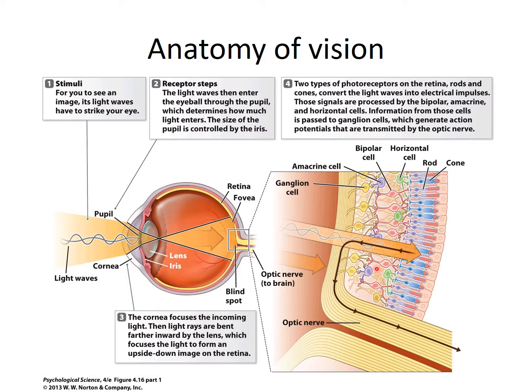Now these cells here, your book calls them something like in-between cells, but I keep the older name. You need to know these. Amacrine, bipolar, and horizontal cells get the information from the rods and cones and bring it to the ganglion cells. The ganglion cells are what form the optic nerve that goes to the brain. These start doing processing of the visual input right there at the retinal level.